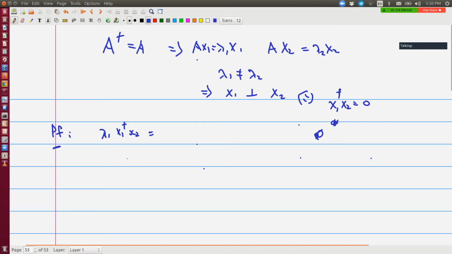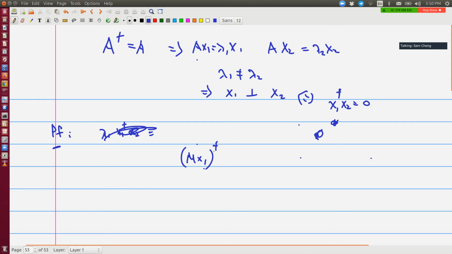Maybe it's better to start like this. But eigenvectors also should be unique. Is the eigenvector unique?